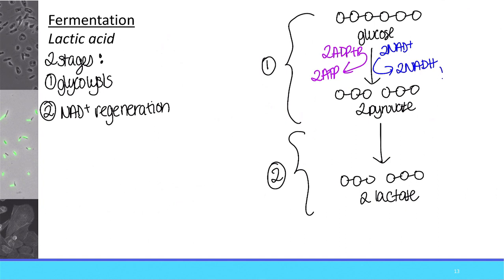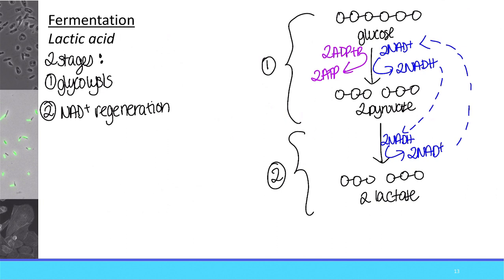So that NADH that was made in stage 1 is going to be oxidized. That allows us then to regenerate that NAD+ that can be reused in another step of glycolysis.